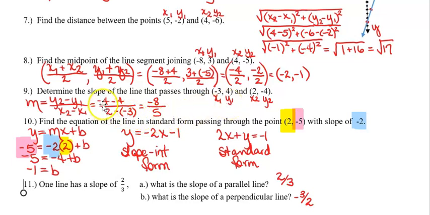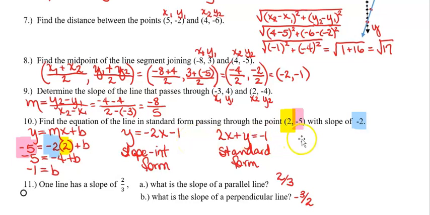So we're going to have y2 minus y1. And then x2 was 2 minus x1 was -3. So that'll be 2 minus -3. So -4 minus 4 is -8, and 2 plus 3 is 5. So there's our slope.